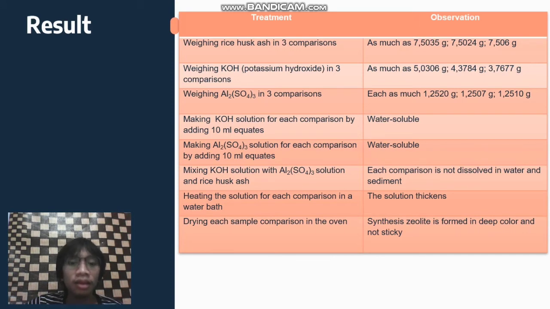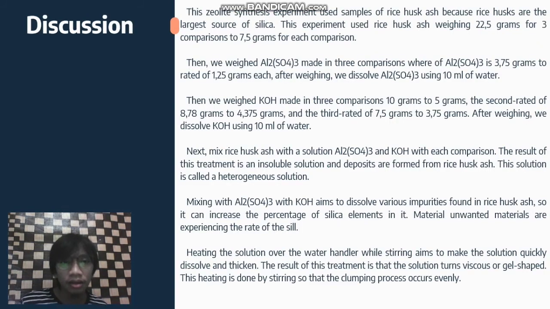Next, heating the solution for each comparison in a water bath. Observation: the solution thickened. And the last, drying each sample comparison in the oven. Observation: synthesized zeolite is formed, deep black in color and not sticky. Next, discussion.